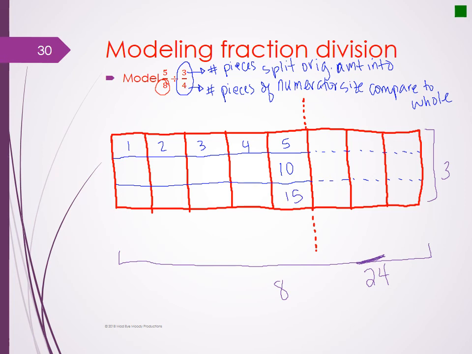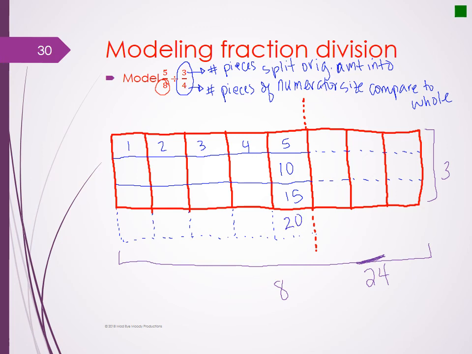But if I look back up at my divisor, the denominator says I need 4 pieces of that size. Well, I don't have 4 pieces of that size. I only have 3. So what I need to do is create a what if. If I had another one this size, how many of those new small pieces would I have?